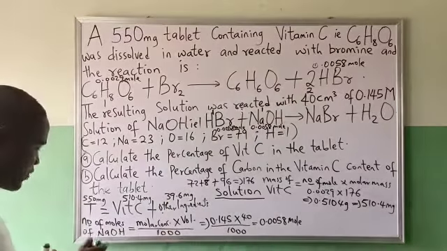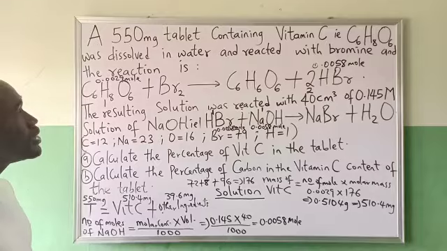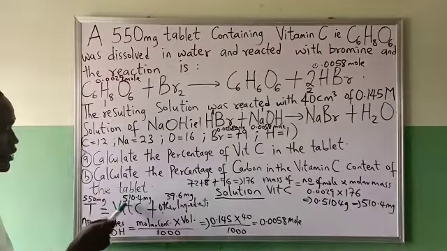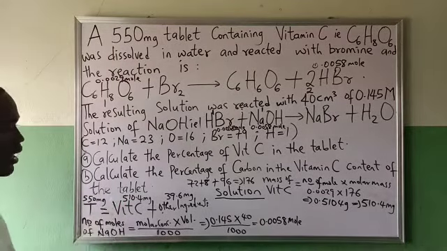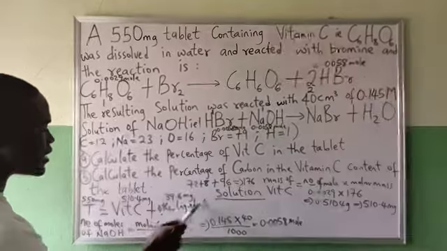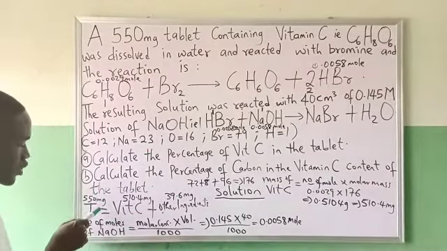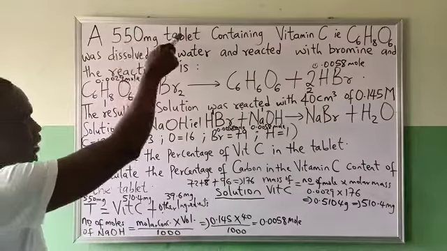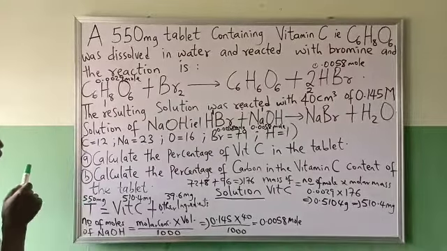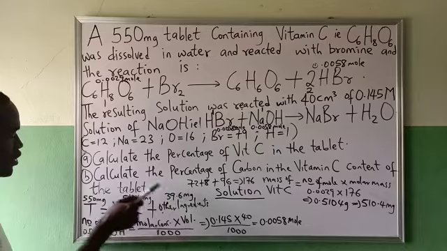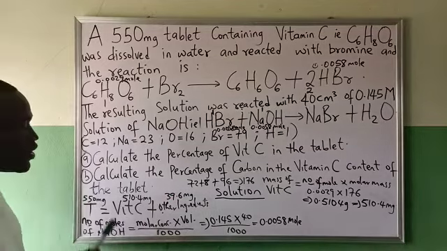That means the vitamin C content of that tablet is 510.4 milligram, whereas other ingredients is 39.6 milligram, and the total tablet is 550 milligram, because this plus this will give you 550 milligram.